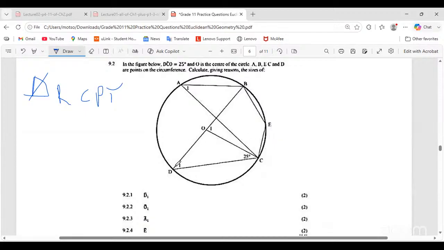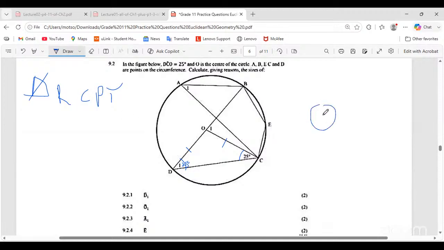Why? Because OD is equal to OC, they are both radii. Now it forces angle D1 to also be equal to that 25 degrees. Reason: angles opposite equal sides, or the base angles of an isosceles triangle. We are done with the radius.